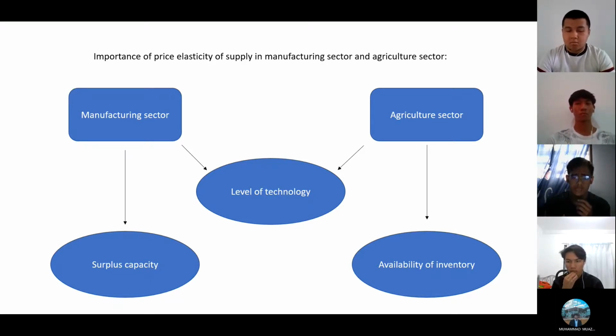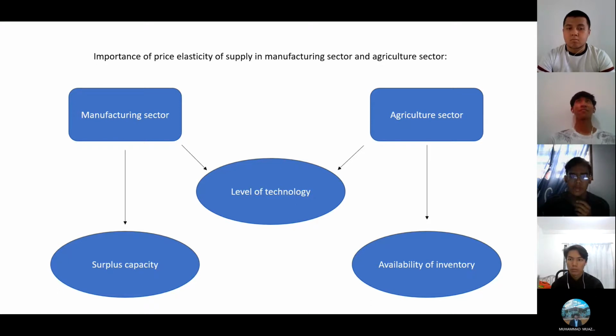For the agriculture sector, when the farmer uses technology, it will increase quantity supplied and raw material, and it will save time. Okay, the next one is supply capacity. This factor relates to the manufacturing sector. This factor is about labor and raw material.